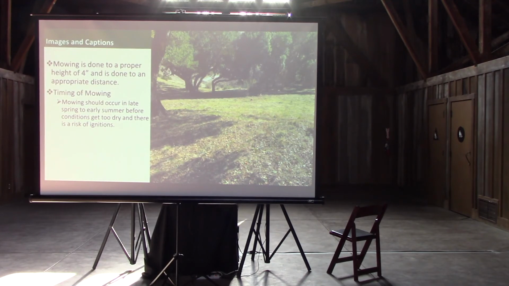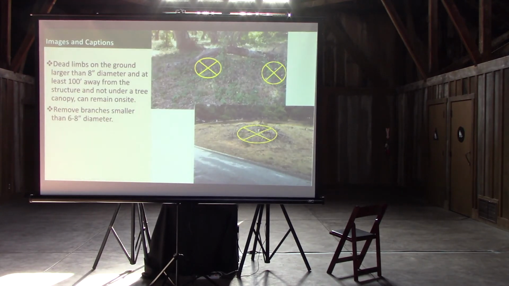That might be 30 feet, it might be 50 feet, it depends on the individual home, because we're looking at the whole landscape, the topography, the fuels, and anticipating the weather. Then we'll give you the timing. Christy went over the timing, usually late spring to early summer, before it gets too dry and we risk ignition.